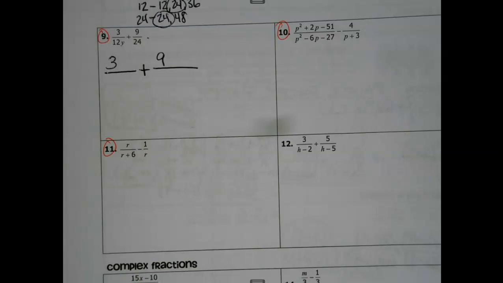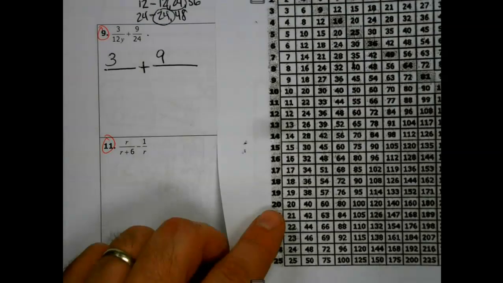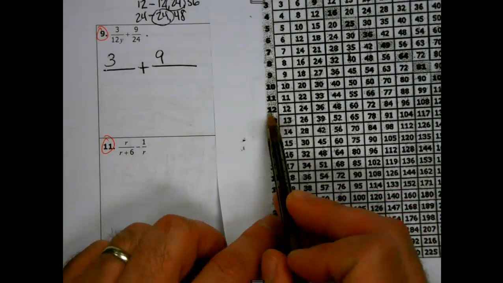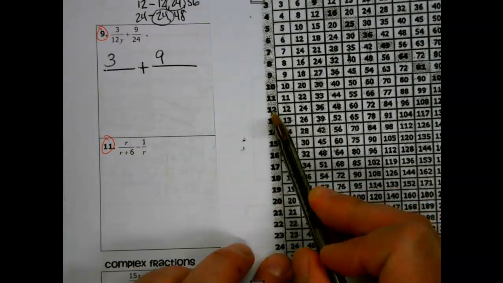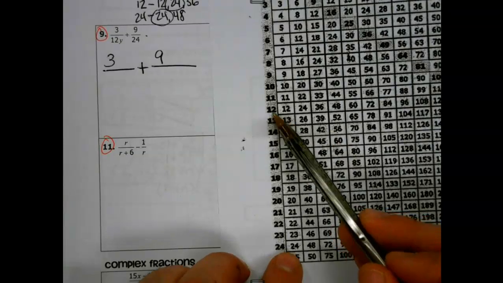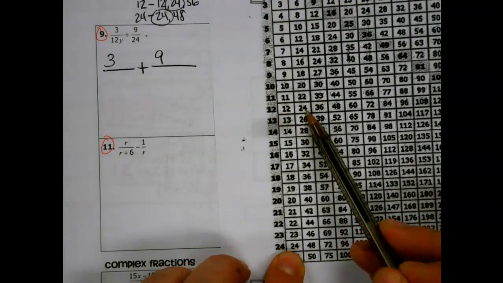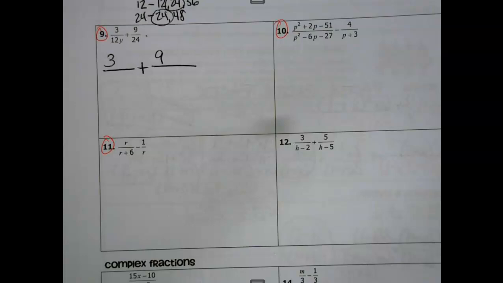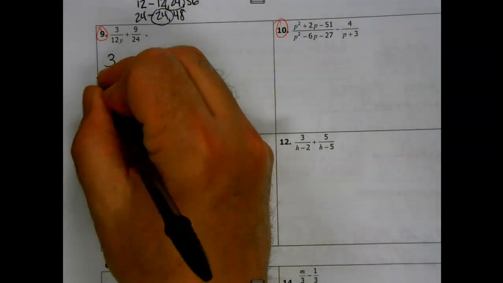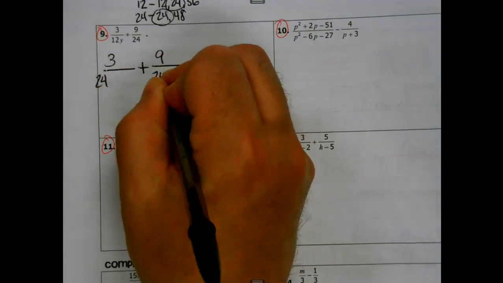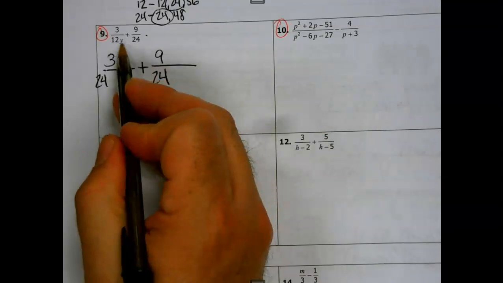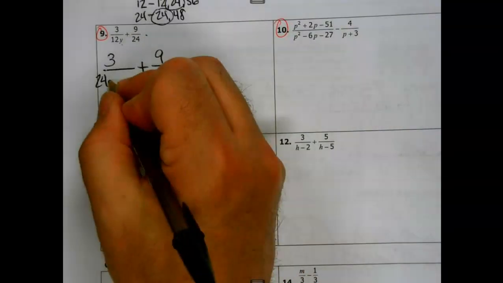If I was using my multiplication chart, I could start at 12 and I could start at 24 down here, and you just start going across until you see the same number. That's another way to find it. So this is going to be 24. And since this has a y, I need that.